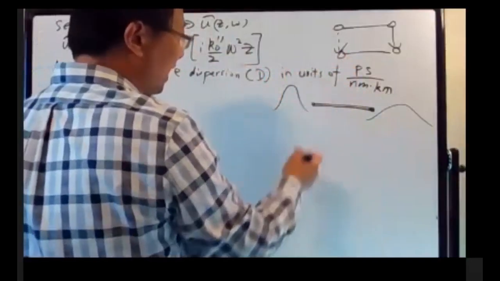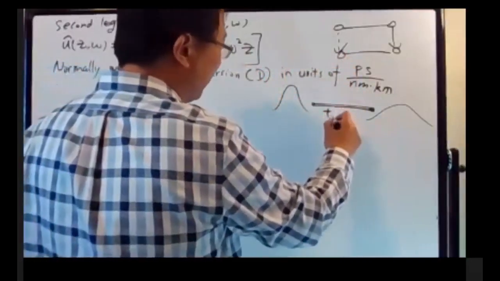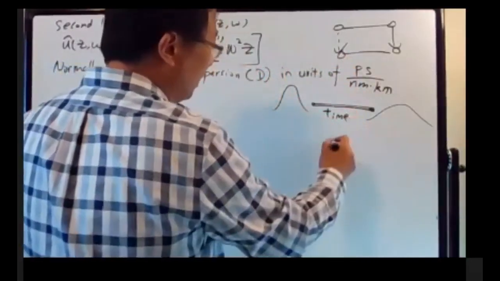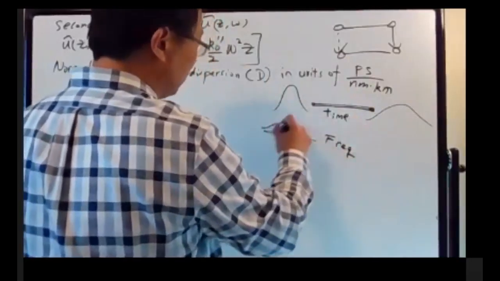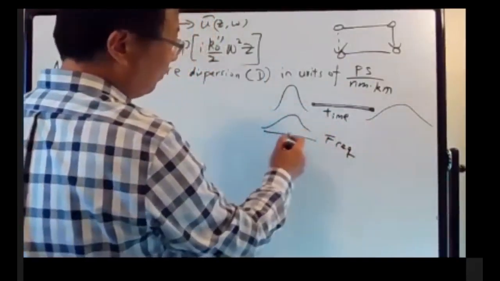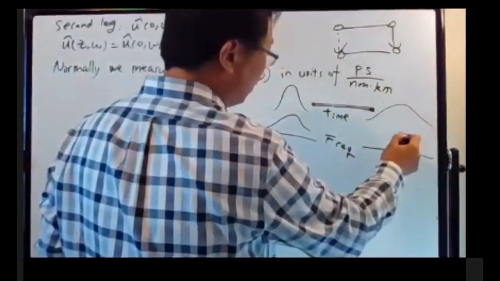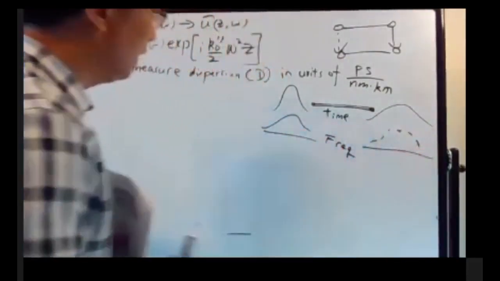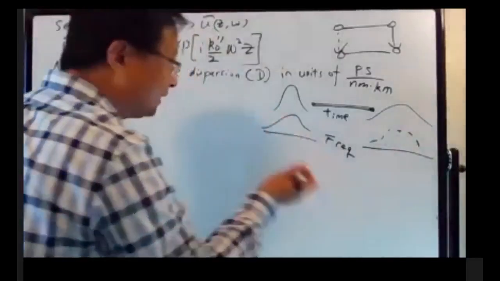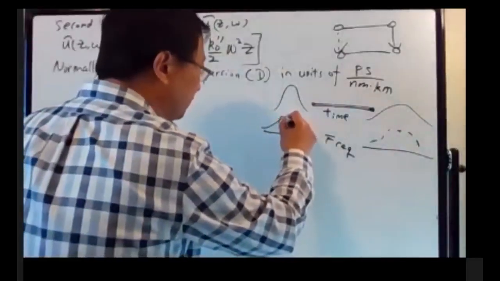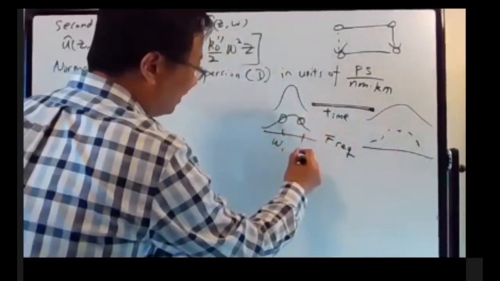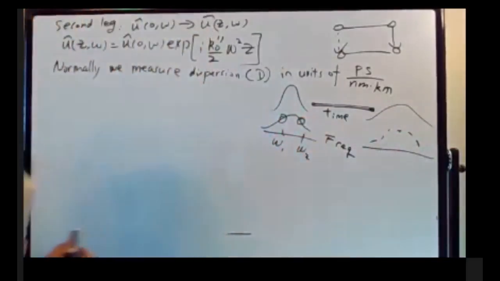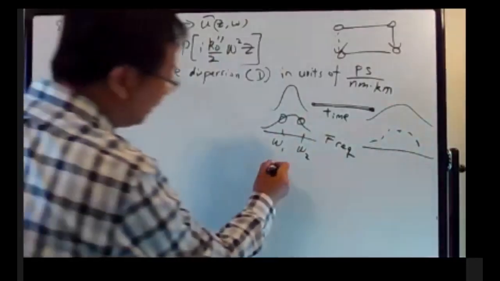This is in the time domain, and in the frequency domain we originally have this, and it becomes some shape, right? But what is the speed difference between this point and this point, omega 1 and omega 2, or lambda 1 and lambda 2?